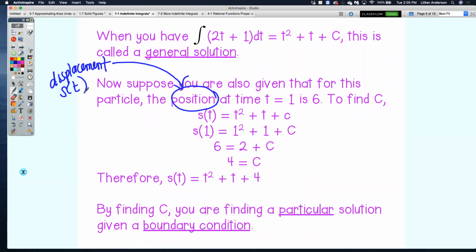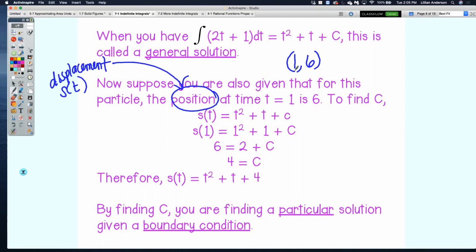And so if it tells you that the position at time t equals 1 is 6, essentially they're giving you your x coordinate and your y coordinate, time and position for this particular object, or this particular particle that's being represented by this equation. So you can use that additional piece of information to find a particular solution for c.